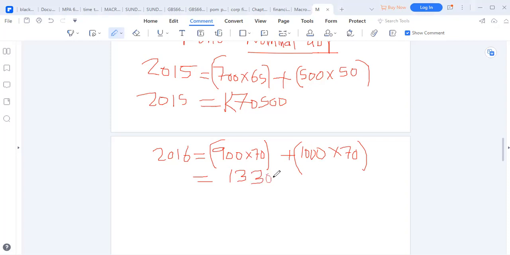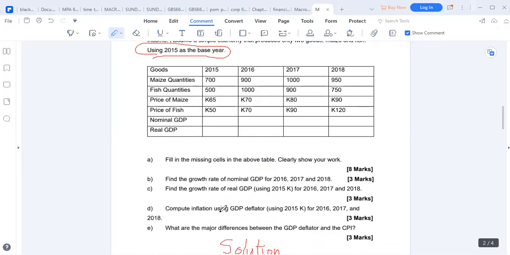And then we can also sort out the other one. For 2017, we have to calculate using the information that is there.